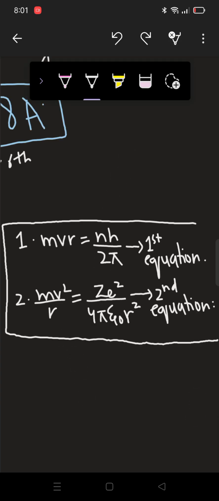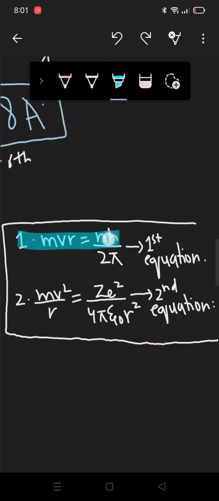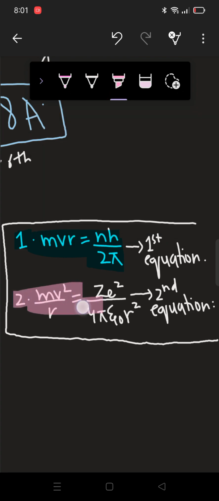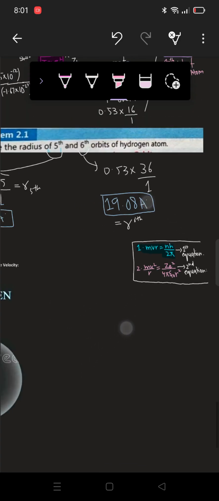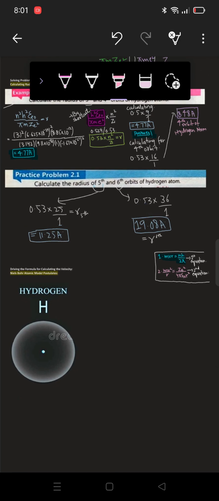Now let me highlight both equations. This is our first equation, and here we have our second equation as well. Right? So now by using both formulas, we are going to derive the formula for finding the velocity as well.